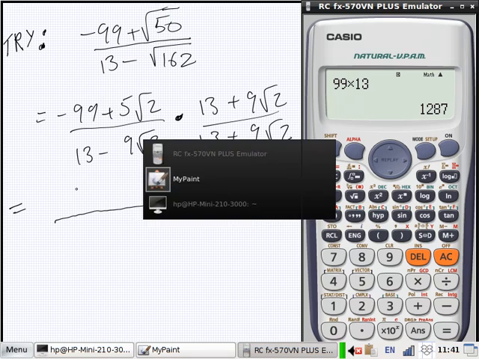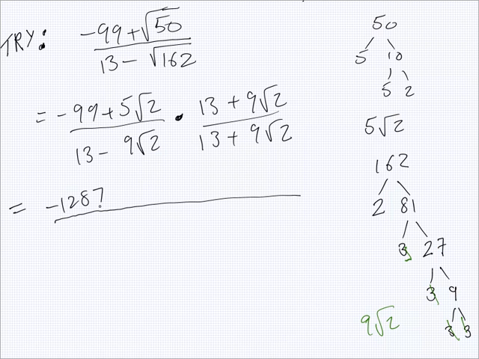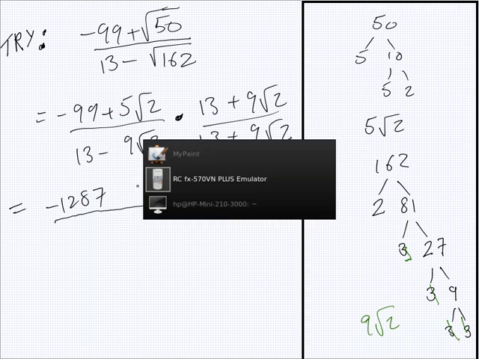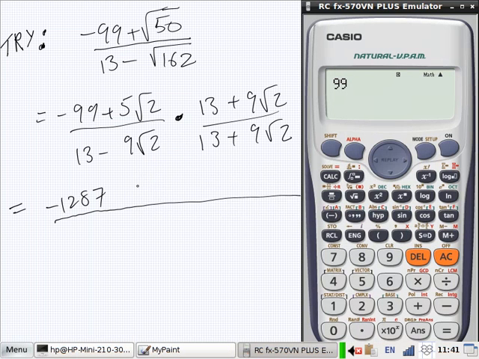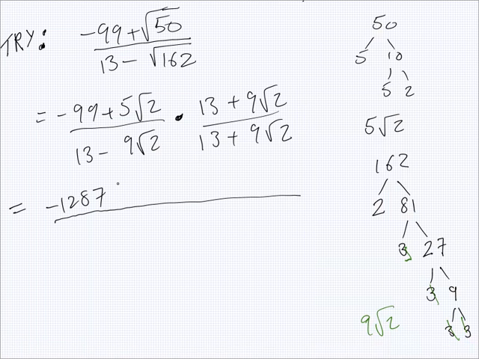Minus 1287. Then 891 root 2, plus 65 root 2.